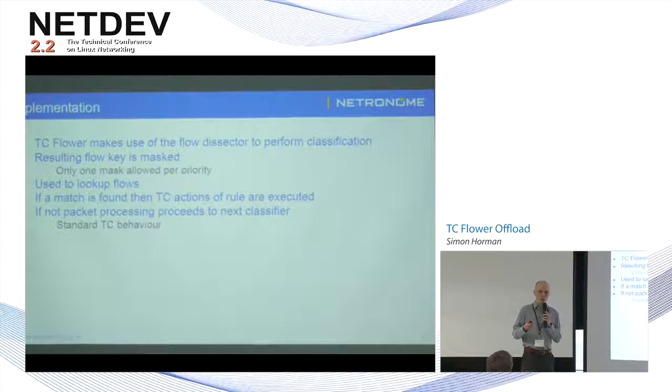It's up to the caller, the user space, who programs the rules, to arrange the priority levels correctly. If you have disjoint flows, by disjoint I mean that regardless of what the mask is, no two flows can match the same packet, then the ordering of the flows in terms of the priority levels is unimportant from a correctness point of view.